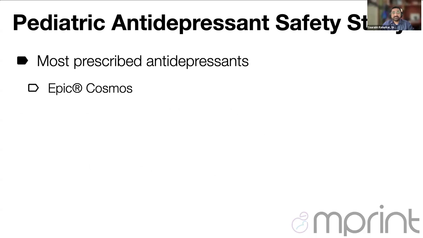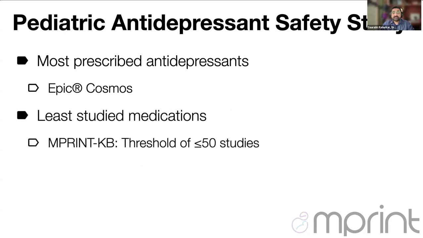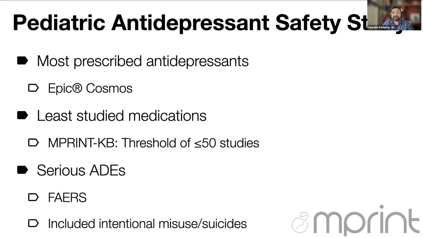We begin by identifying the most prescribed antidepressants in pediatric populations using Epic Cosmos this time. Next, we look at how well these drugs are studied in children using MPRINT KB, focusing on those with limited pediatric evidence. And finally, we analyze serious ADs in FAERS, and in this case, we include events like intentional misuse and suicides, which are highly relevant in the context of antidepressant use.